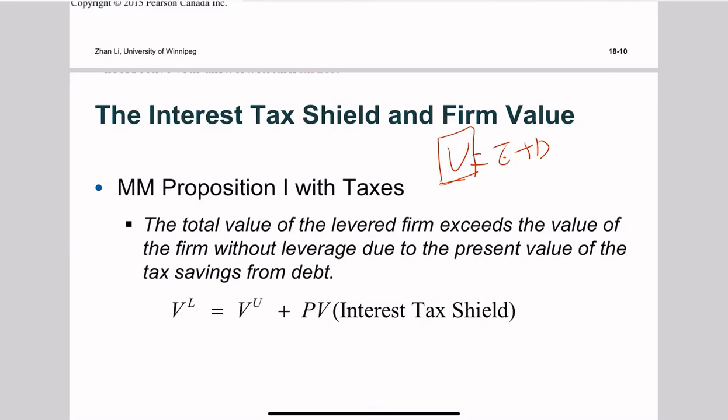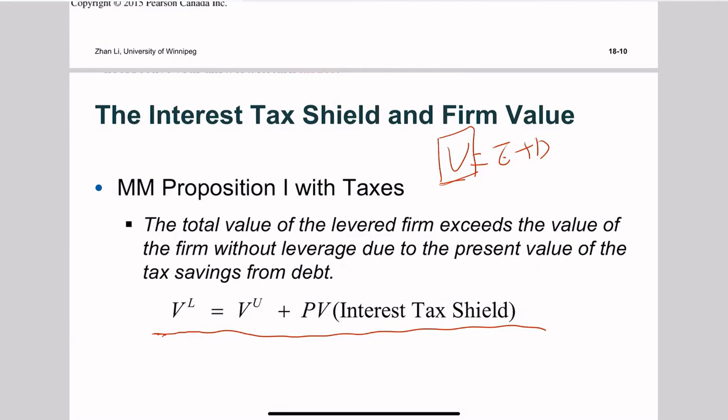Now, MM proposition 1 with tax will be different. You can see that it says the value of the firm with debt is larger compared with the value of the firm without debt. That is, leverage can increase a firm's value. Mathematically this implies that a firm's value with leverage equals the firm's unlevered value plus the value increase because of interest tax shield.